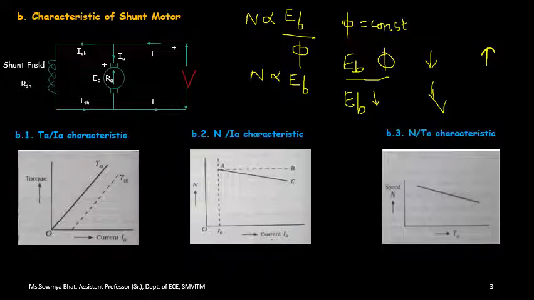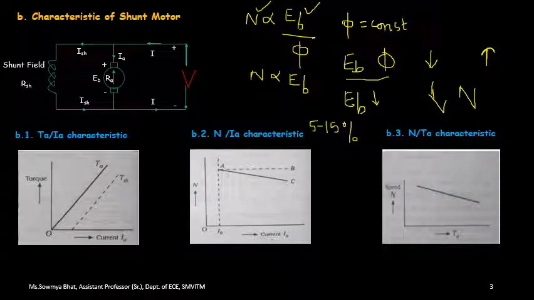When EB value has decreased, obviously it has to decrease the value of speed, that is N. So this decrease in the speed will be around 5 to 15% of the full load speed, what we call. That decline is shown by this particular curve. In the second figure, whatever the decline has been shown, that is mainly due to that.